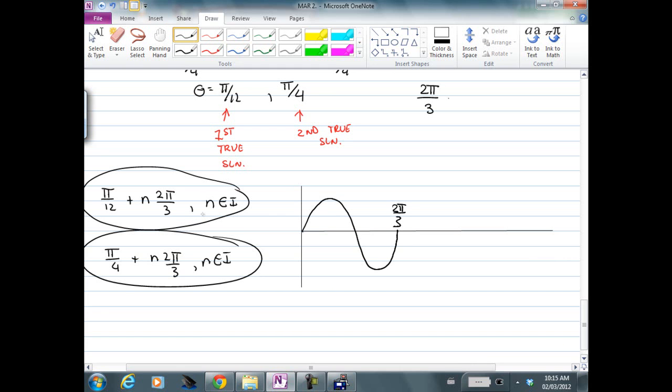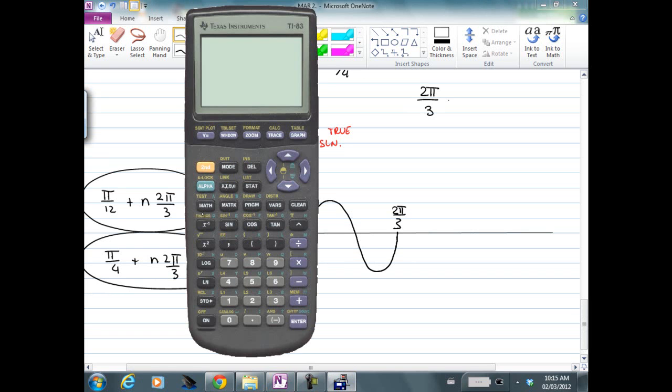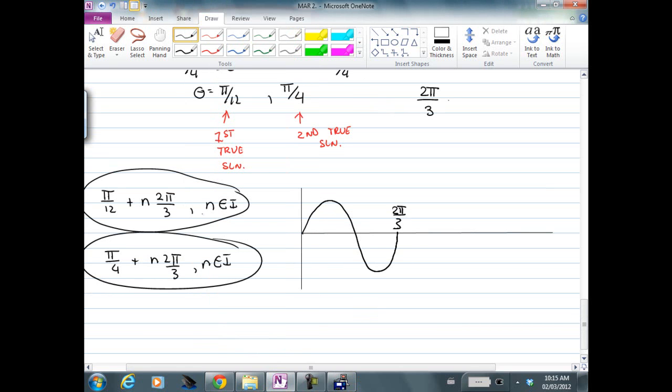It's asking root 2 over 2, so let's see where root 2 over 2 is. Root 2 divided by 2 is 0.71. So I'm going to say this is 1, this is negative 1, and 0.71 is maybe around here. So I have two solutions. The question is, how many graphs can I fit from 0 to 2 pi?